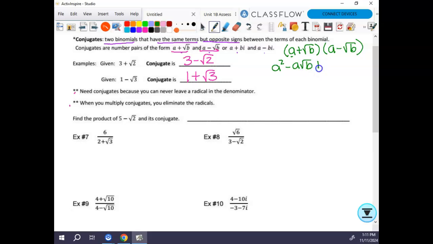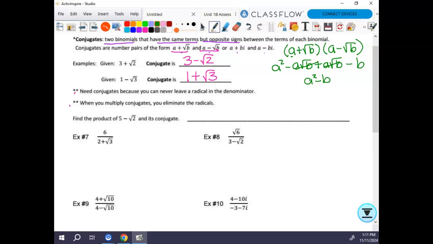Inside two plus a times the square root of b. And then the last two, positive times a negative is a negative. What's the square root of b times the square root of b? B. These two zero out, so I end up with a squared minus b. That's just a difference of squares.